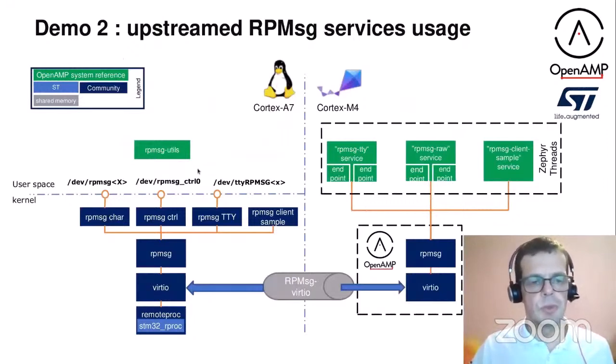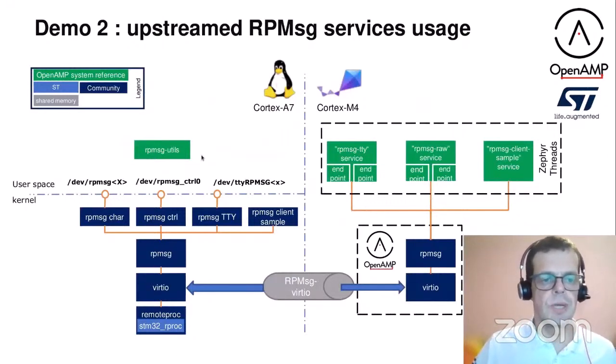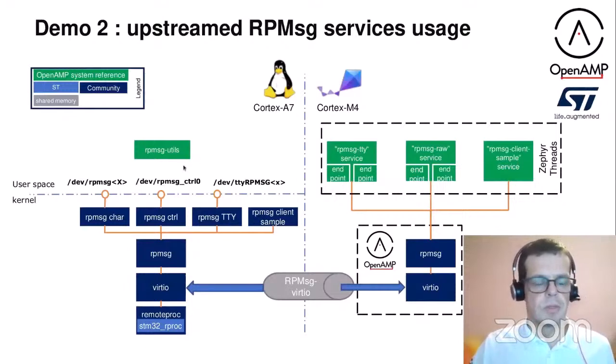For the second demo, we will focus on the rpmsg protocol. On the Linux side, we now have 4 generic rpmsg devices. The first one is the rpmsg char, which was introduced by Qualcomm and is now also available for the Virtio transport layer.